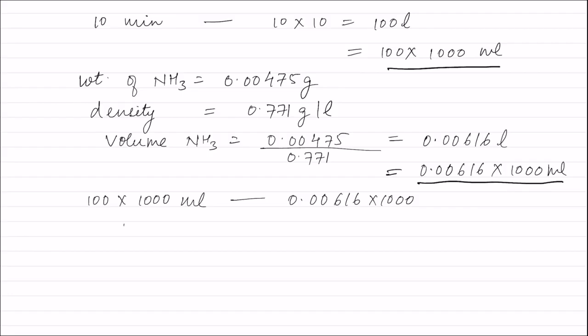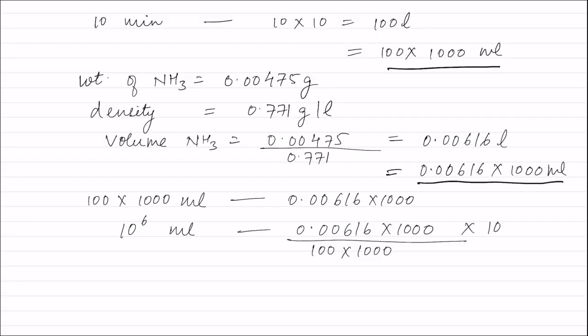Therefore, volume of ammonia in 10 to the power 6 milliliters of air will be 0.00616 into 1000 divided by 100 into 1000, into 10 to the power 6. Solving this, the value is equal to 61.6 milliliter. Therefore, in 10 to the power 6 milliliter of air, the amount of ammonia present is 61.6 milliliter, or it can also be said that amount of ammonia present in air is 61.6 parts per million.